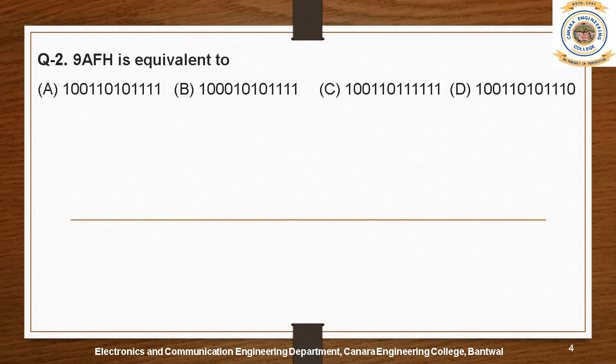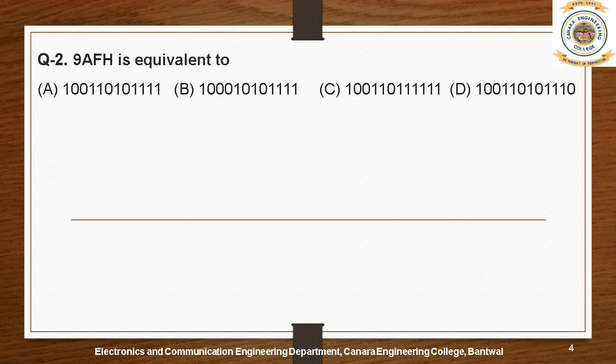9AFH is equivalent to what? 9AF is a number in the hexadecimal system, which is represented by this H. The H at the end represents that 9AF belongs to the hexadecimal number system. Now you have to find its equivalent. The answers are in binary coded form, that is, each hexadecimal digit is converted to binary.